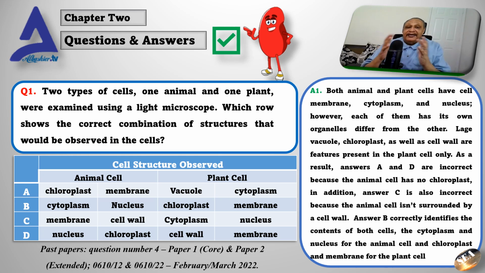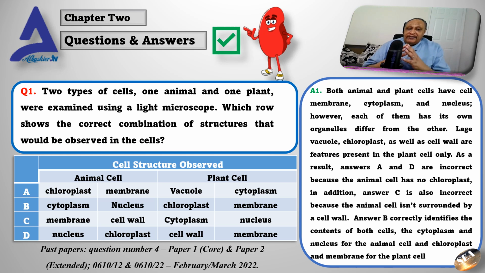When you have something like this, comparing an animal and a plant cell, always remember the rule of 3 by 3. What does that rule say? It says that there are 3 similarities and 3 differences. Now, for more information about this question, it comes from past papers.